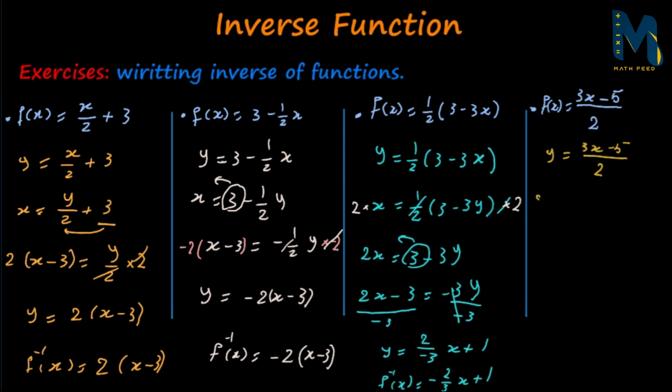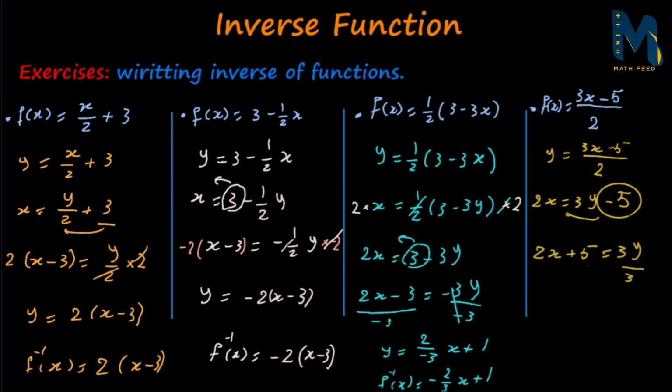So when we switch it, it will be 2x equals 3y minus 5. We just simply skip one step here. You can do it for yourself if you don't understand. And then we move negative 5 to the other side. It will be 2x plus 5 equals 3y.